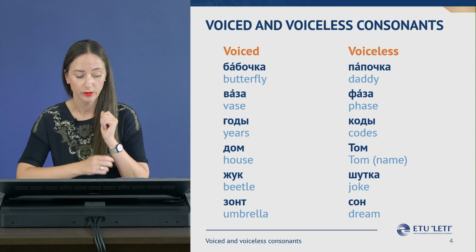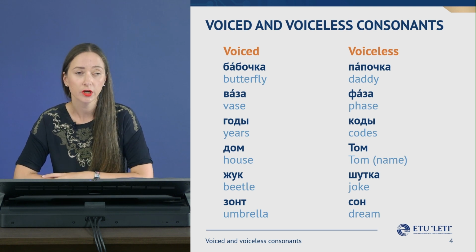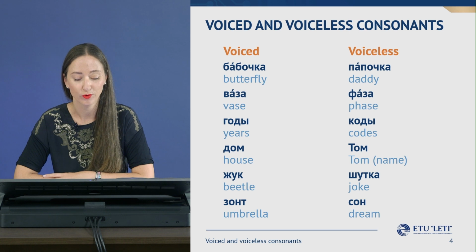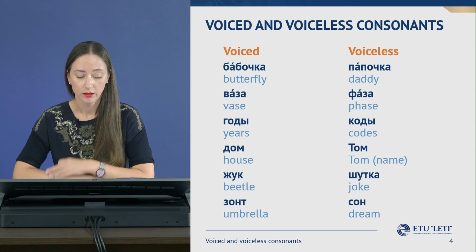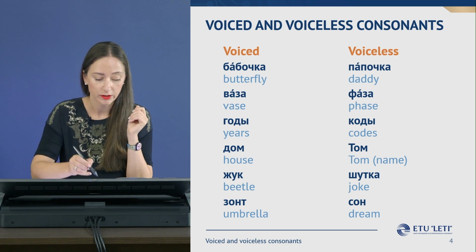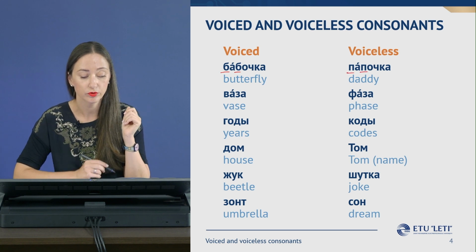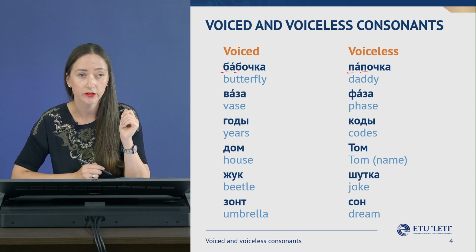So let's read the examples. Бабочка, бабочка, butterfly. Папочка, like this nice way of calling your dad, daddy. Бабочка, папочка. You see? The only difference is these sounds, voiced and voiceless, and it makes a difference.